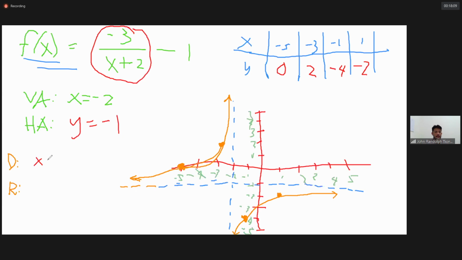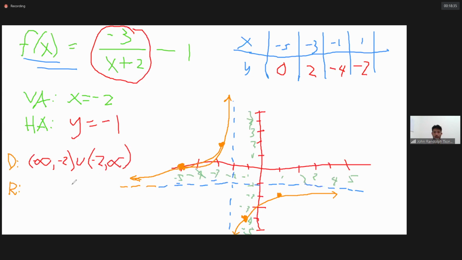Pwedeng you can answer that domain: x such that x not equal to -2, or you can have it this way, guys: negative infinity, comma, -2, union, -2, comma, infinity.